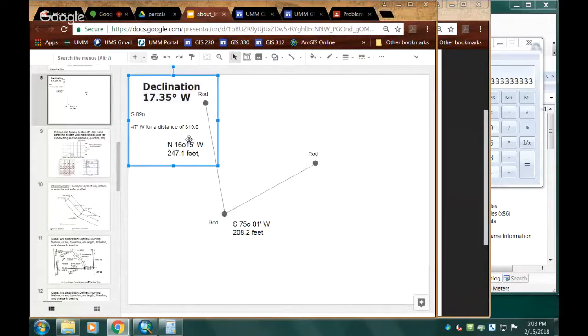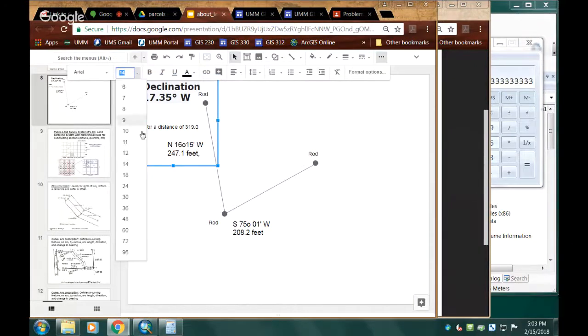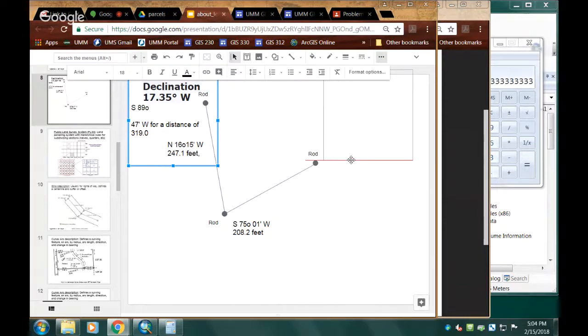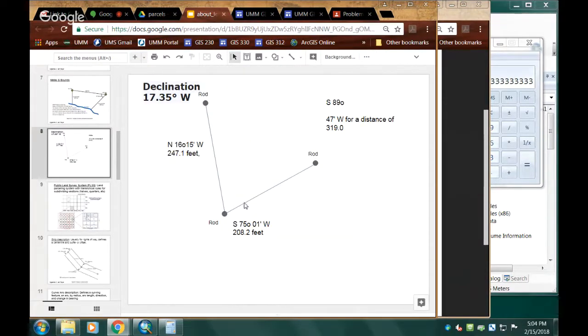So put that in here, change that size so you can see it. Drag that over here. So south and west.